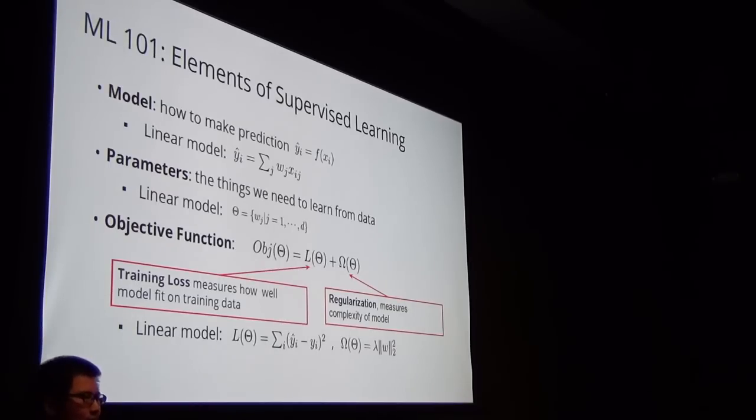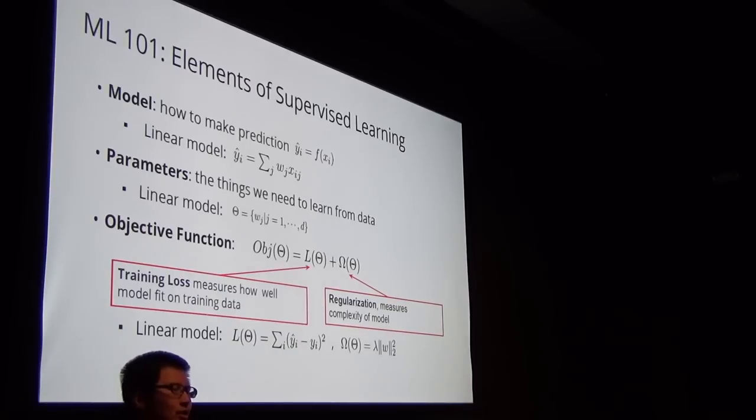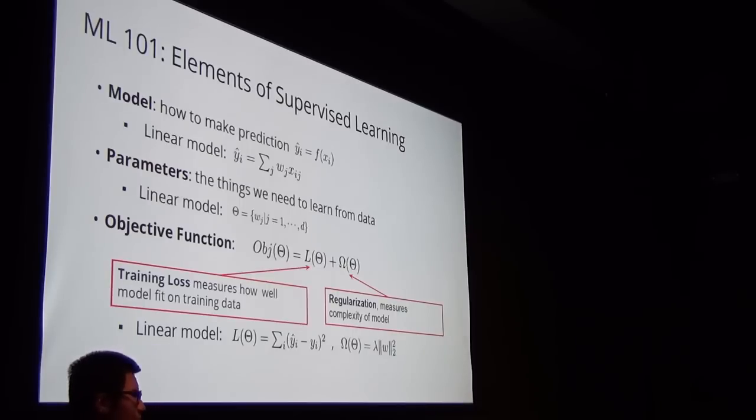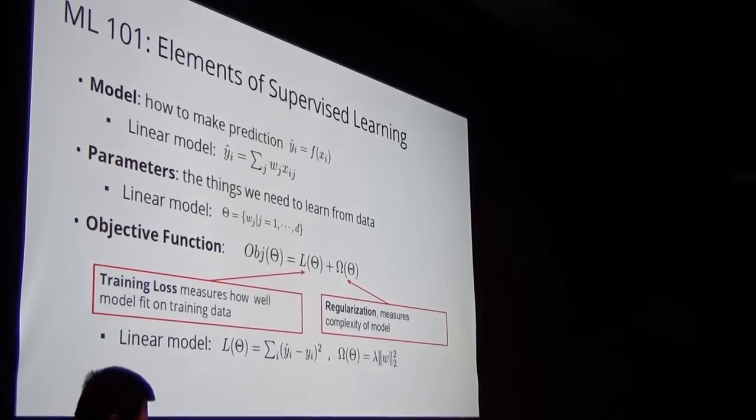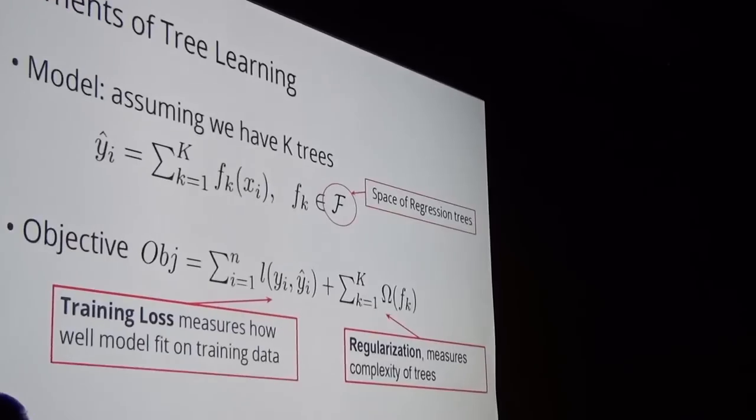It's not enough to only fit well on your training data, because eventually you want to make predictions on data that you haven't seen. So you want to be careful to regularize the model such that it is simple enough, so that you can make reasonable future generalizations. We'll have more examples on this later.